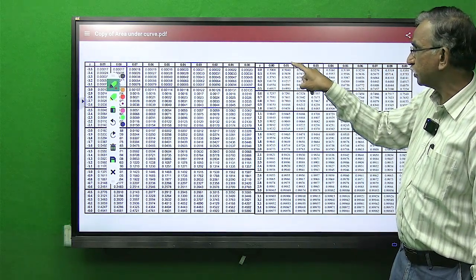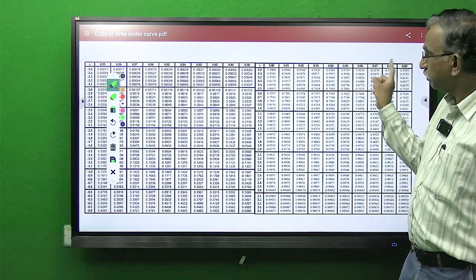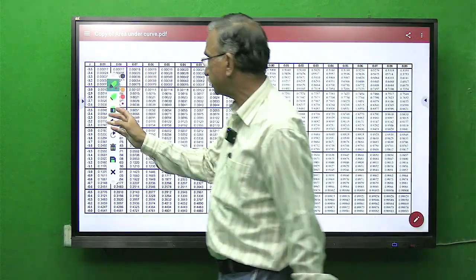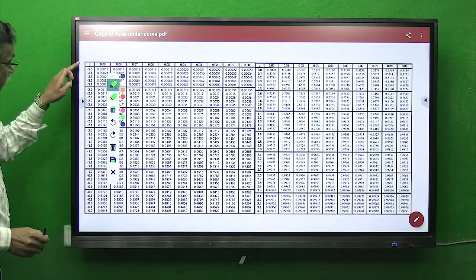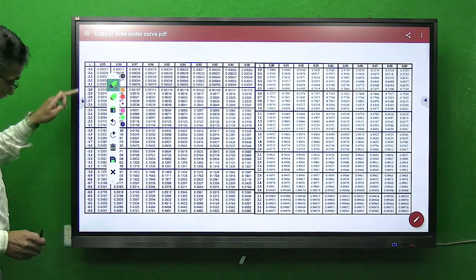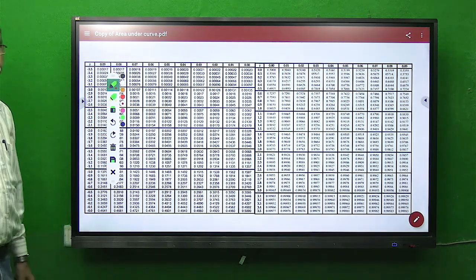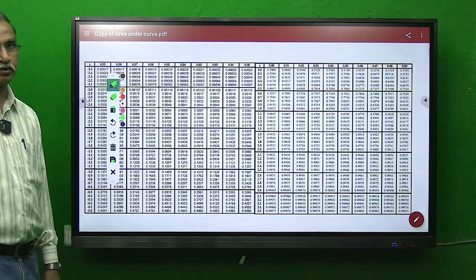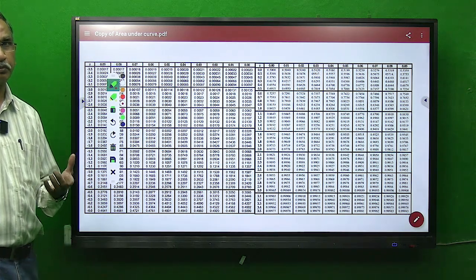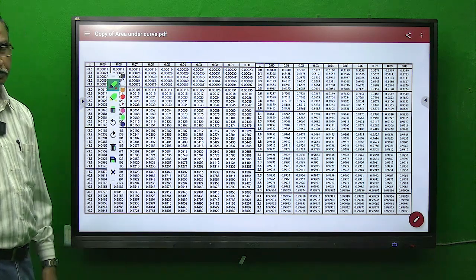Each column 0.01, 0.02, 0.03 like that. Similarly, here you can see on left side the column z from 0 to minus 3.5. So now we are not required to use the relation F of minus t is equal to 1 minus F of t. We are ready with both tables.